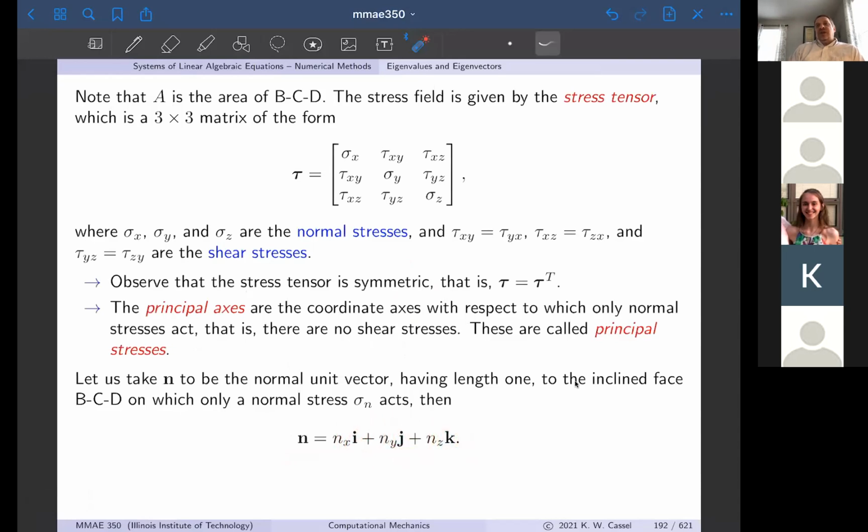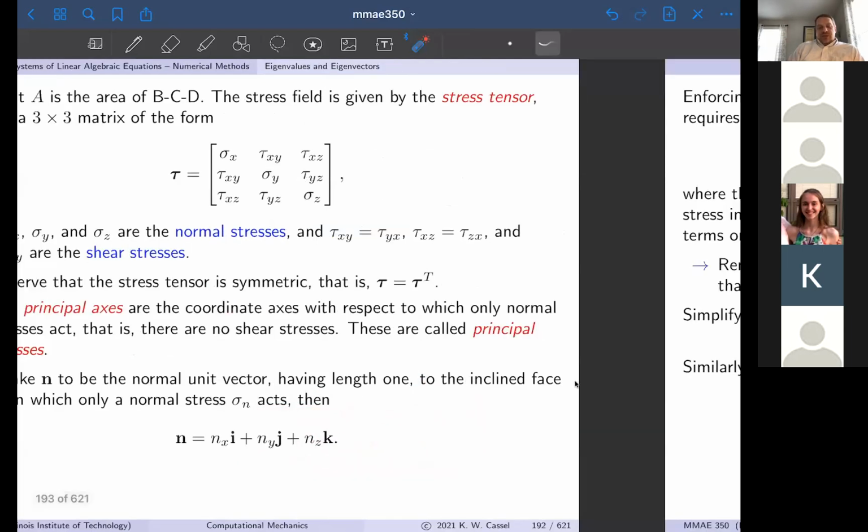Those are unit vectors, vectors of length 1, acting in the X, Y, and Z directions respectively. And then n_x, n_y, and n_z, those are scalars. Those are the magnitudes or the components of n, which is a vector, acting in the X, Y, and Z directions. All right, so that's just a vector that describes that normal vector to the BCD face.